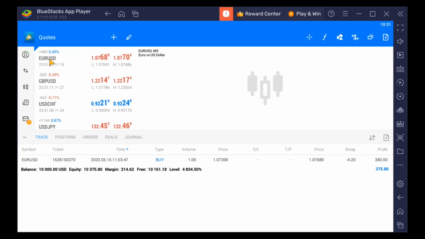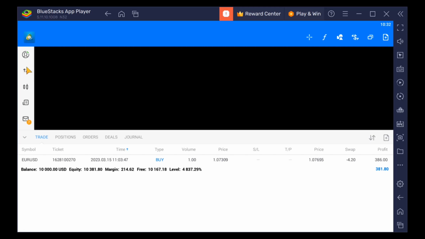I'm not showing you how to place a trade, but let's just attempt to place a trade so that you see it. There are different ways to place a trade. You can tap on this guy. This guy will be on your chart. If you go to the charts, you see it right here. On your phone, you'll be seeing the screenshot displaying now. You see it just below the screen.